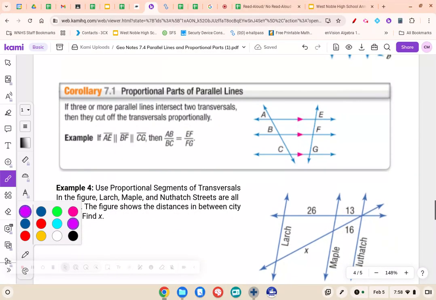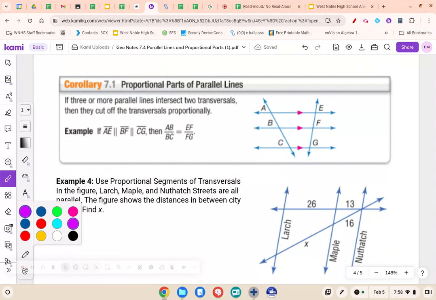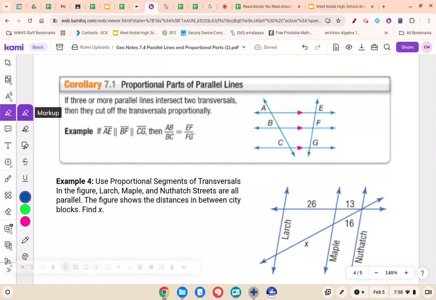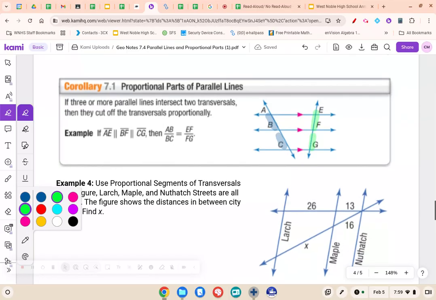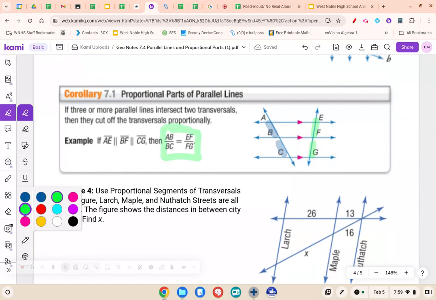So that's what this is saying down here, except now there's something we can do about it. If 3 or more parallel lines intersect 2 transversals, then they cut off the transversals proportionally. So if you take a look here, you can set up a proportion of AB over BC equals EF over FG. That's what this is saying here. So we can do that on these problems.